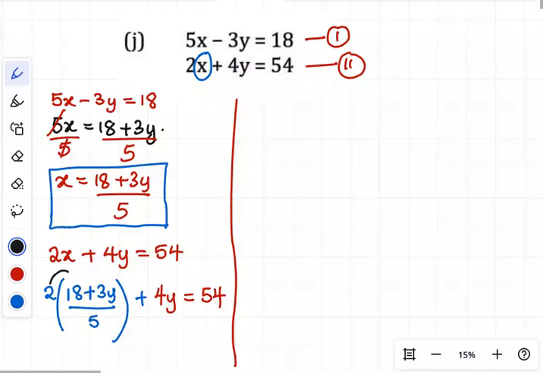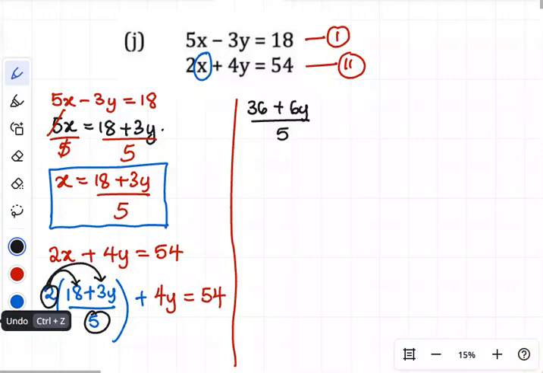So I multiply 2 by 18, and I also multiply 2 by 3y, which gives me 36 plus 6y, all over 5. Take note, this 2 won't multiply 5; rather, it only multiplies the numerator. Here we have our 4y, then equals 54.